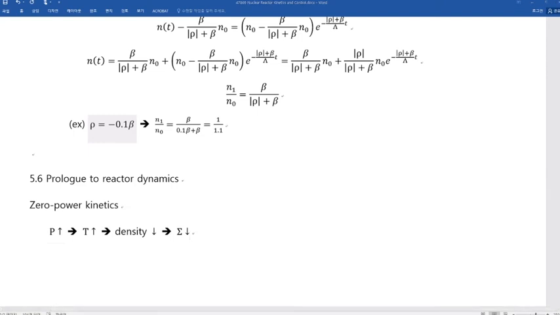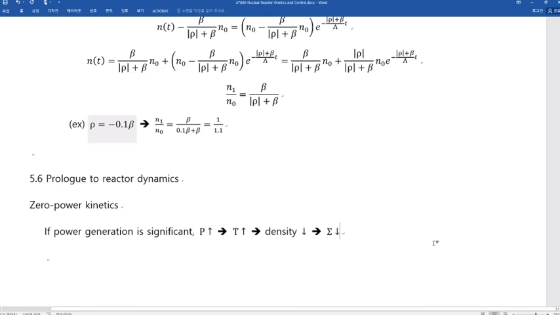So we may expect this to affect the chain reaction, and therefore the fission reaction rate, and eventually the reactor power. So if power is significant, let's place this condition here.